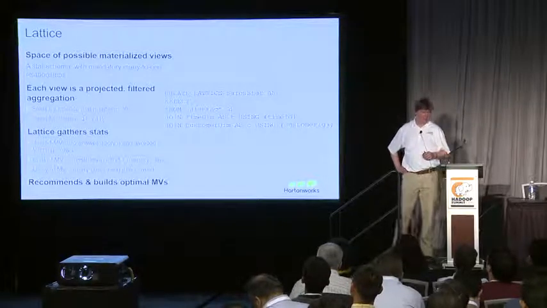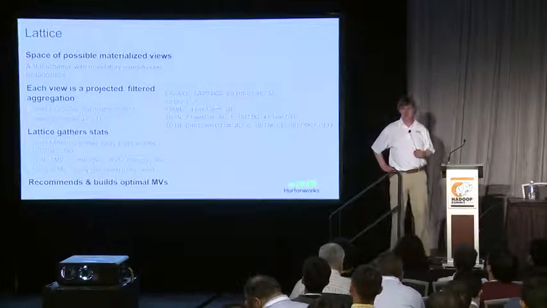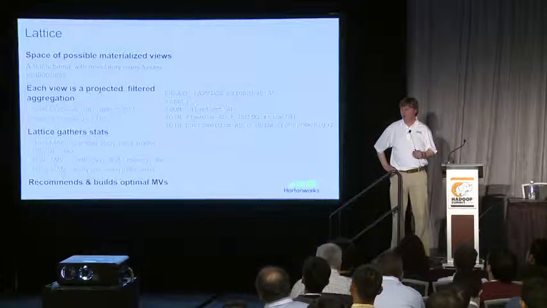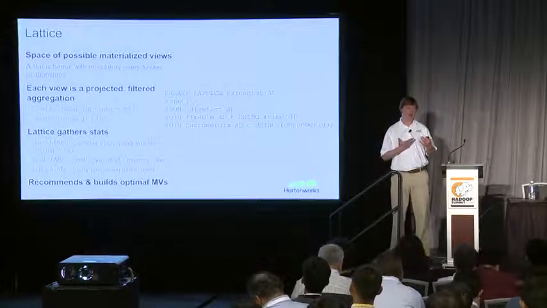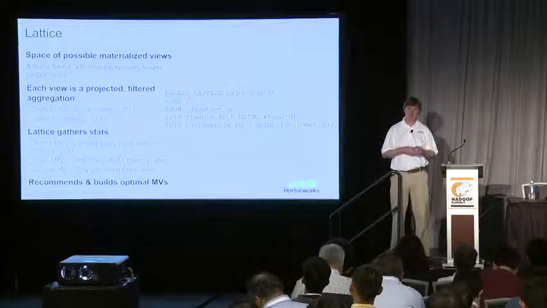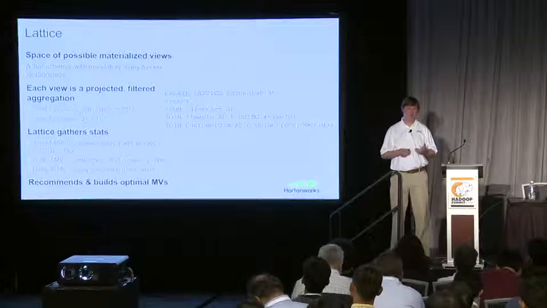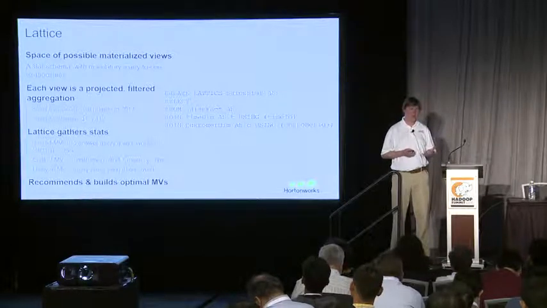Lastly, almost lastly, this idea: we want the system to be able to automatically create materialized views as the system is running. And that is actually asking a lot of the query optimizer.